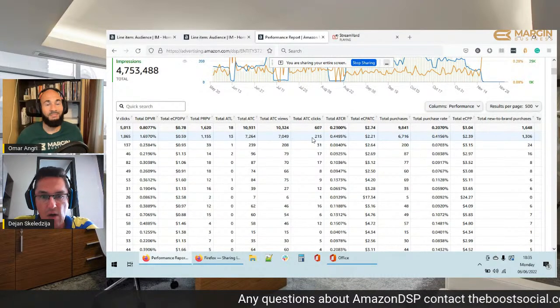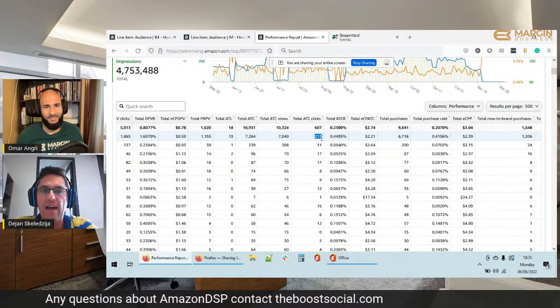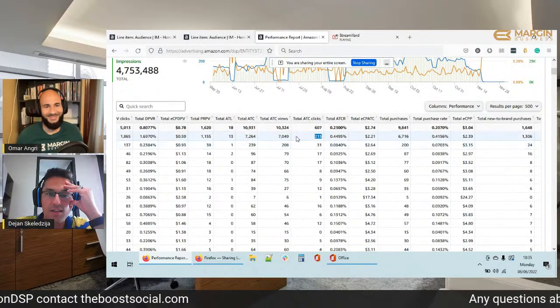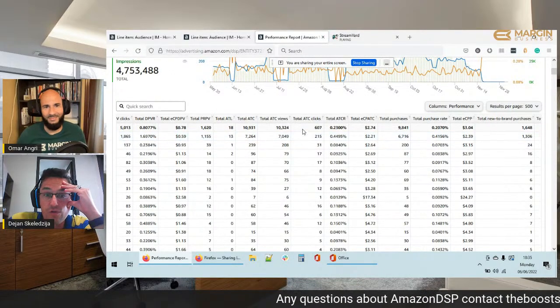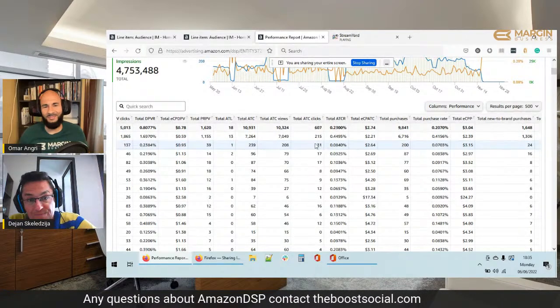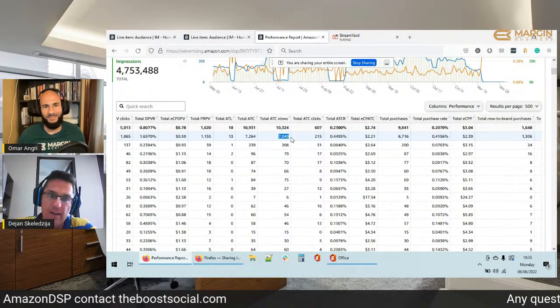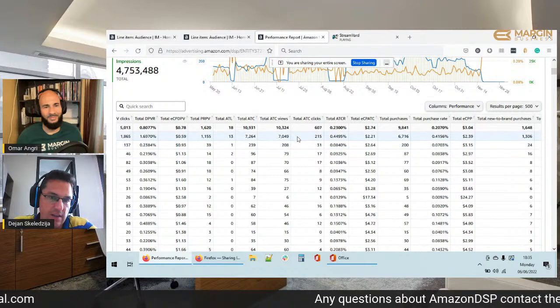Yeah, we spent $30,000 and only 215 people clicked the banner and added to cart. Huh? How interesting is this? You would judge wrong, 100% wrong, because people see the banner, add to cart, and then they buy. This means the customers are very, very, very educated.